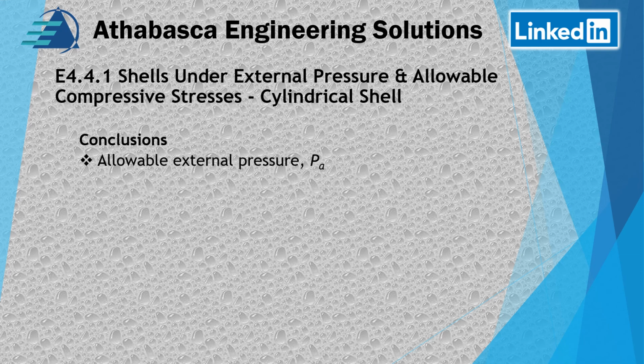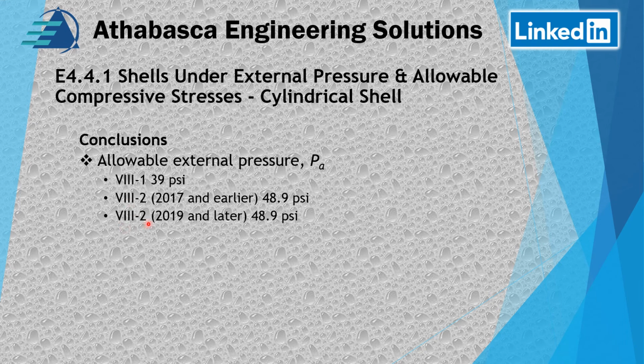Let me make some conclusions here about the allowable external pressures. When we did Division 1, we came up with 39 psi external pressure. And we have Division 2, which is 48.9 psi external pressure. And then we did the other one, which is the big step up in complexity.